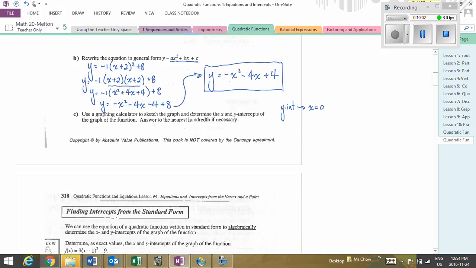So an easy thing when we look at our equation, in particular when it's in general form, we can see that y is equal to 0 minus 0 plus 4. So obviously the y-intercept is equal to 4. That is something that is very, very simple to see.